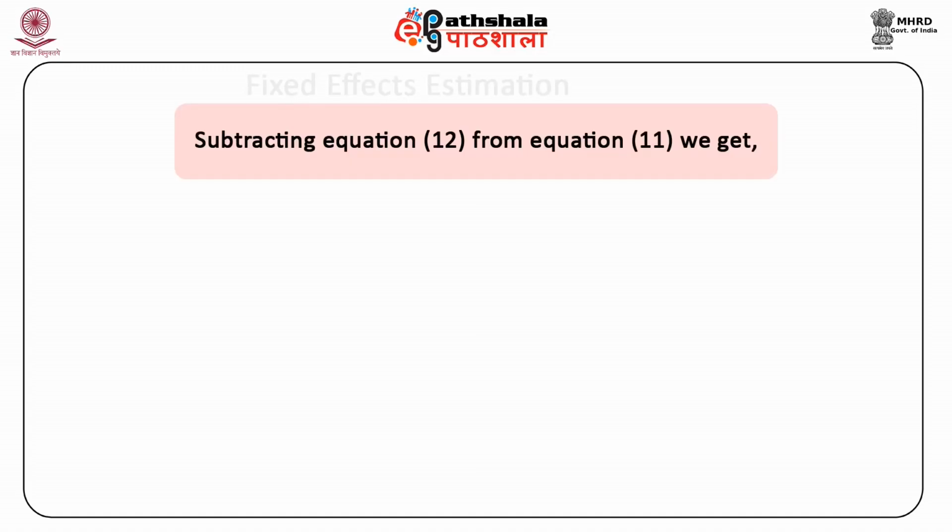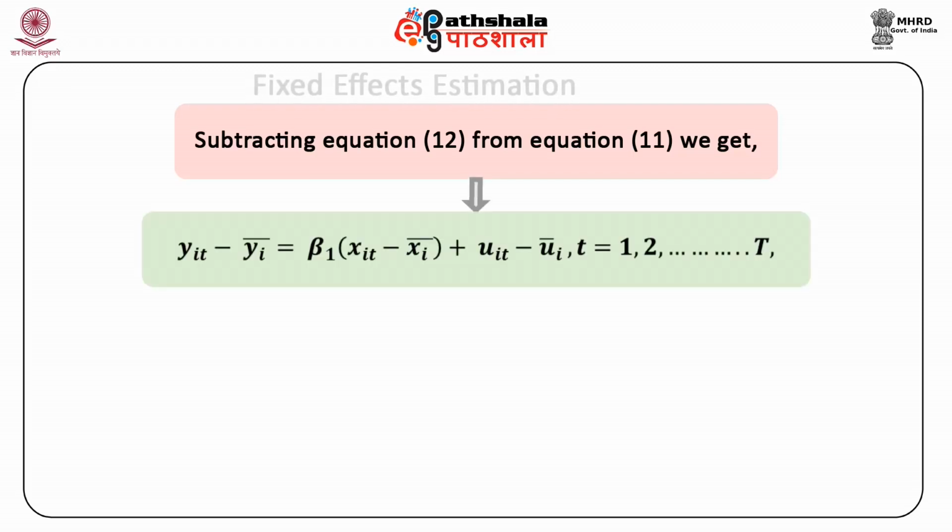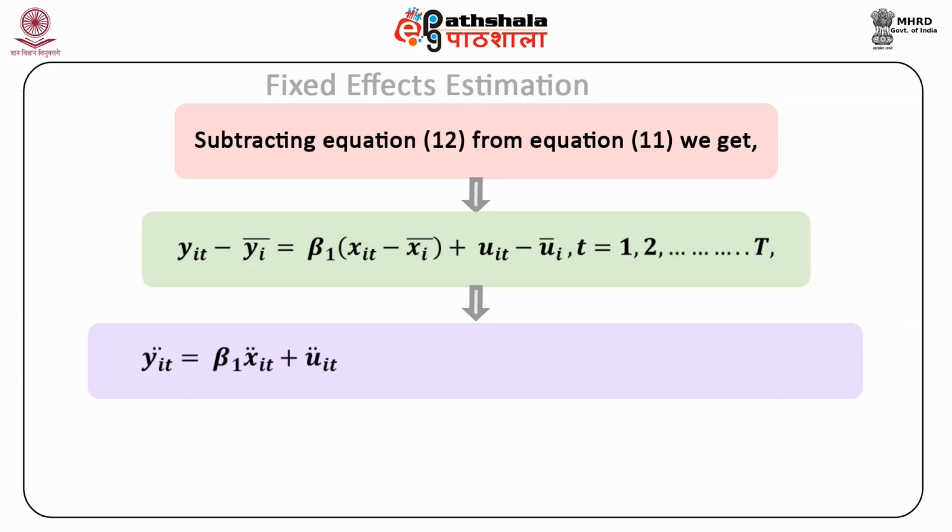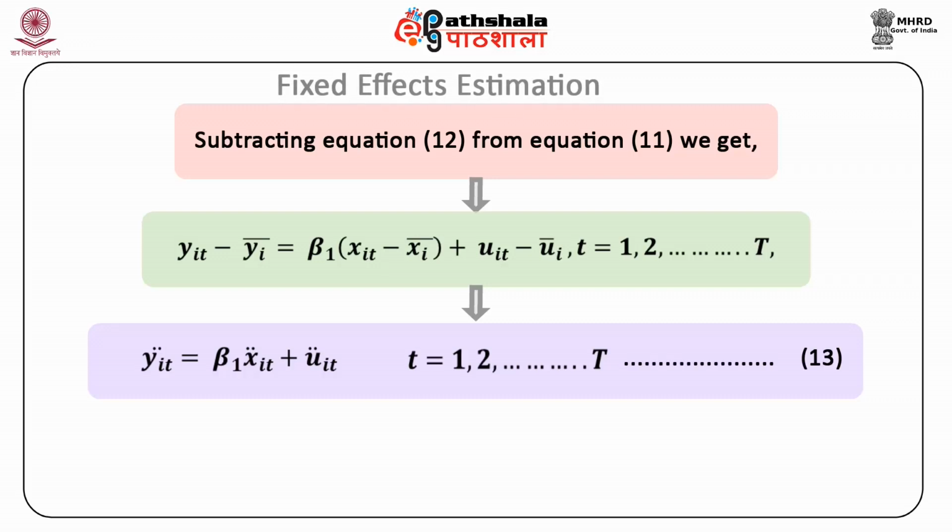Subtracting equation 12 from equation 11 for each t, we get y_it minus y_i bar is equal to beta 1 into x_it minus x_i bar plus u_it minus u_i bar, and t takes the values from 1 to capital T. Or y double dot it is equal to beta 1 x double dot it plus u double dot it, where t takes the values from 1 to capital T, and this could be written as equation 13.